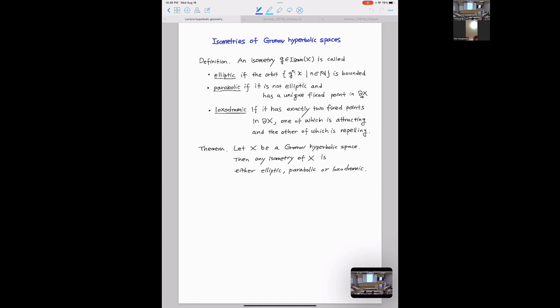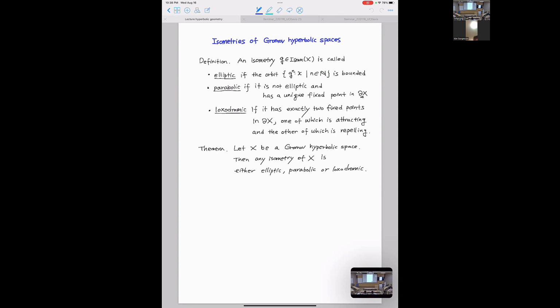And lastly, if it has exactly two fixed points in the Gromov boundary of X, one of which is attracting and the other of which is repelling, then we say that the isometry G is loxodromic.